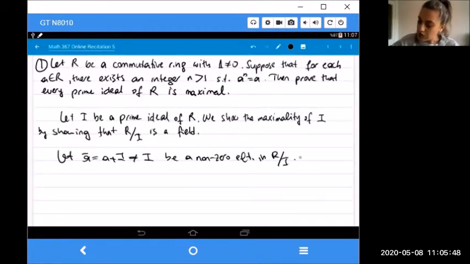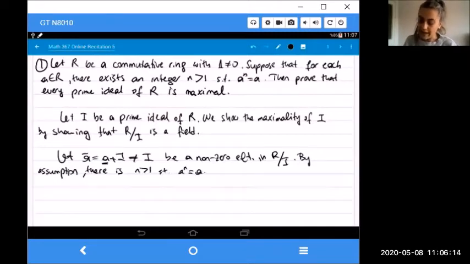Now by assumption, for this element a, there is an integer n greater than 1 such that a to the n is equal to a.